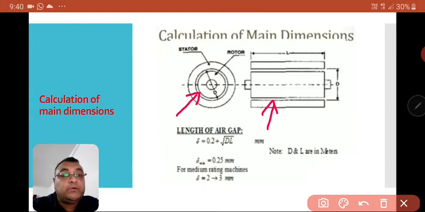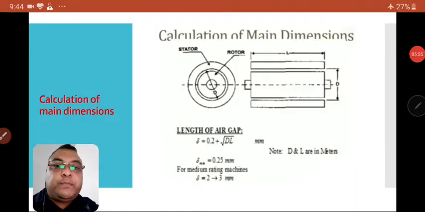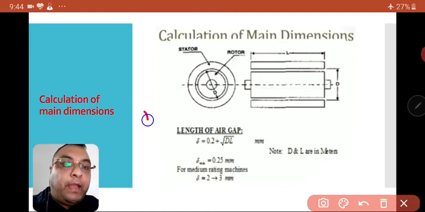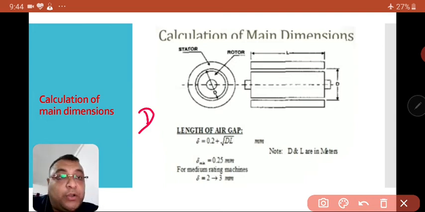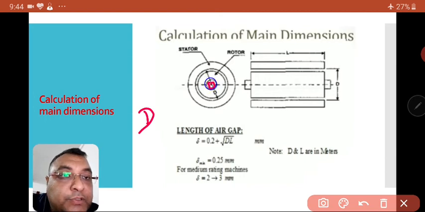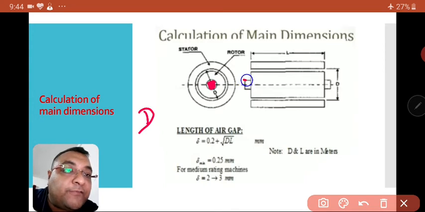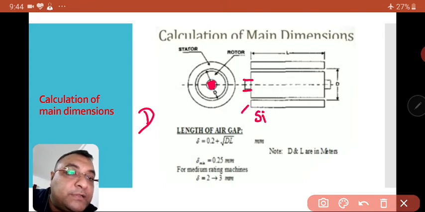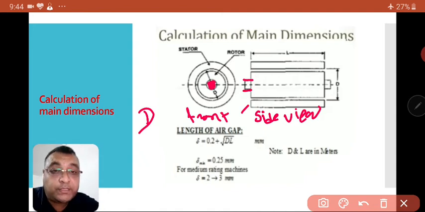This is the representation of diameter D. This represents the innermost part of the shaft of the induction motor, which is also shown in the side view. In the side view there is the shaft of the induction motor. This is the side view and this is the front view.